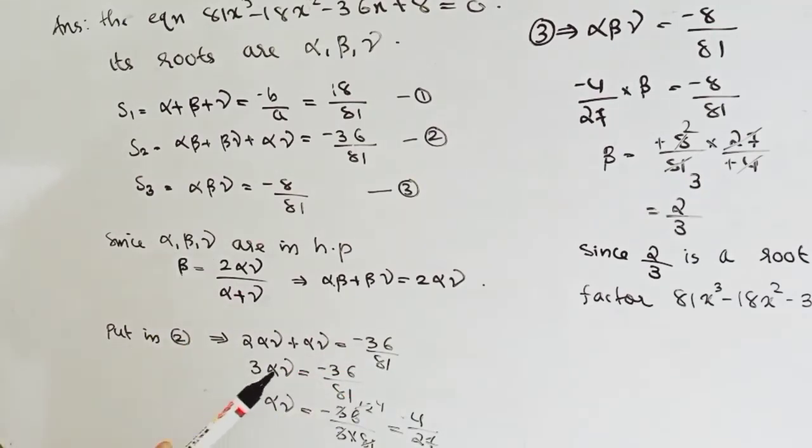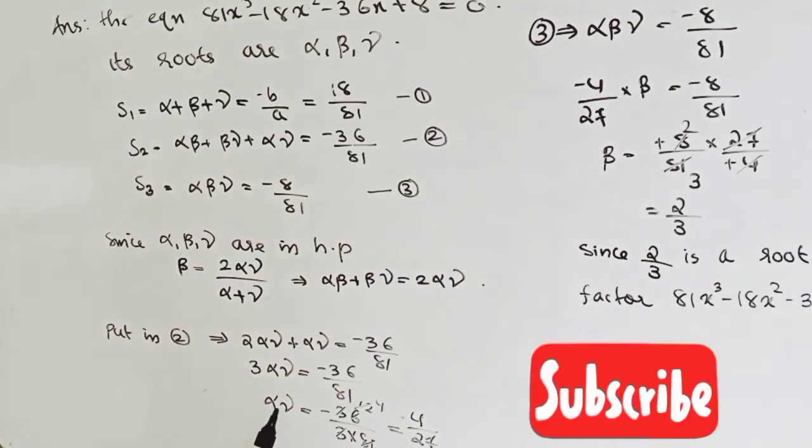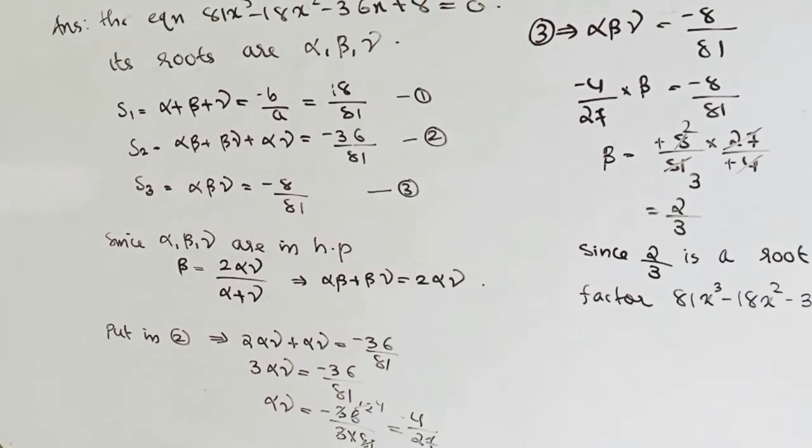This 3 alpha gamma is minus 36 divided by 81, so alpha gamma is minus 36 divided by 81 divided by 3. We can simplify it as minus 4 by 27. Here you can see how I simplified that. So alpha gamma is minus 4 by 27.